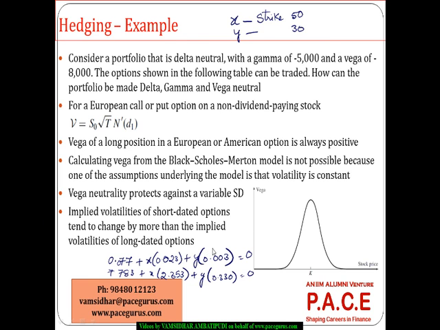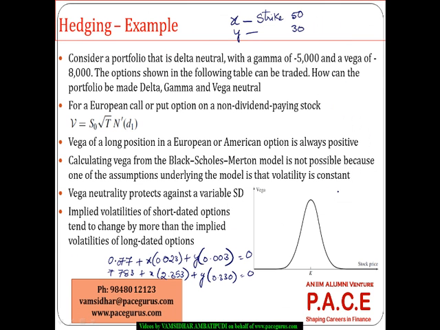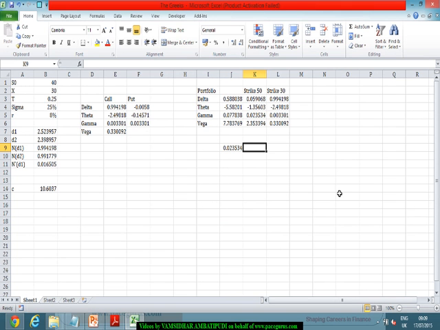We'll look at a matrix kind of calculation for this. So I'll say X times 0.023 and Y times 0.003. Similarly, I'll take the vega 2.35 and the vega 0.33.